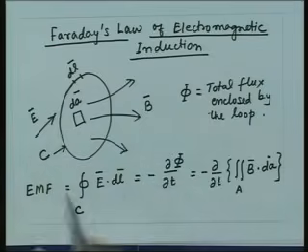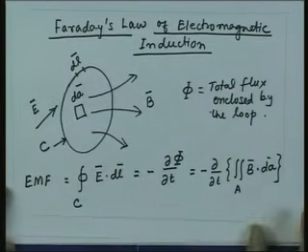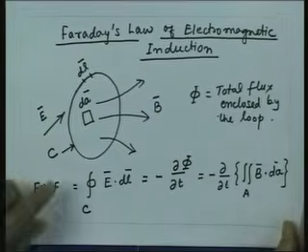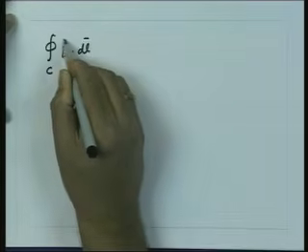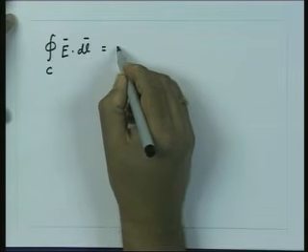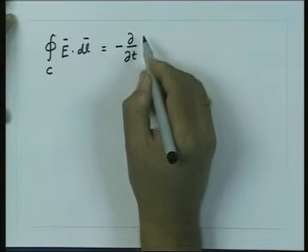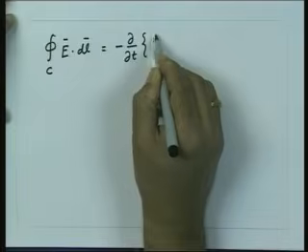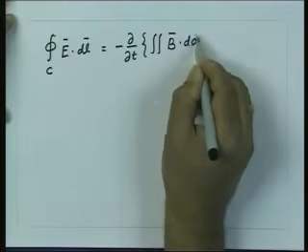I integrate over the total area, that gives me the total flux. So, Faraday's law of electromagnetic induction in the integral form is now written as the integral over C of E dot dl, that is equal to minus d by dt of the integral of B dot dA.